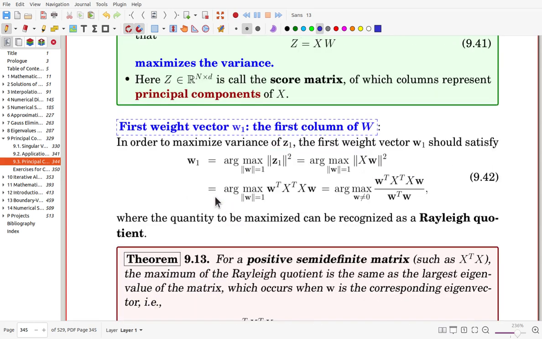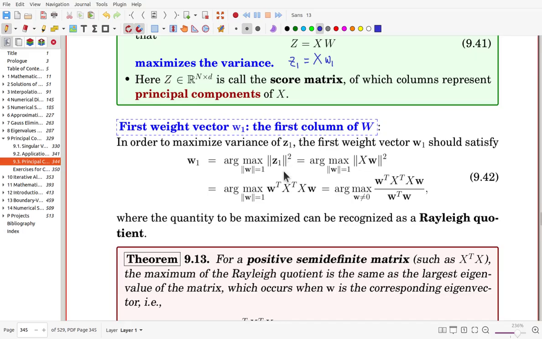Let's begin with the first weight vector W1. Given the data matrix X and W1, the first weight vector, the left-hand side will be Z1, the first principal component. In the beginning, we want to maximize the variance of Z1. Variance is simply the 2-norm squared.